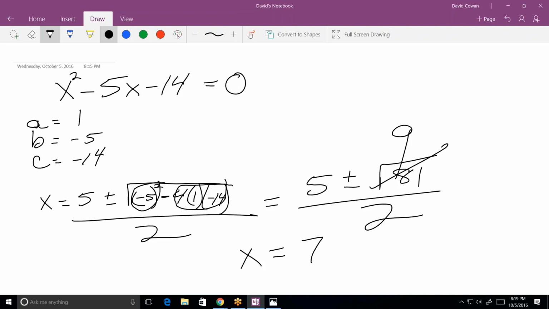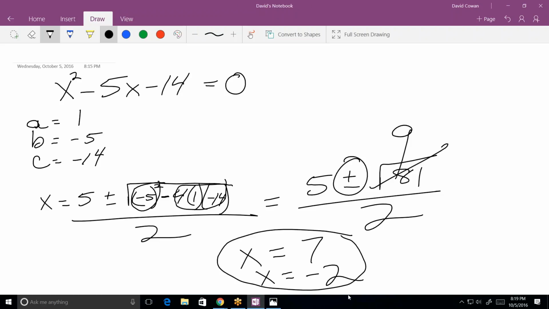And the other answer is 5 minus 9 divided by 2. That's what plus or minus means: there are two answers. One of them uses the plus, the other uses the minus. 5 minus 9 is minus 4, divided by 2 is minus 2. Those are our two answers.